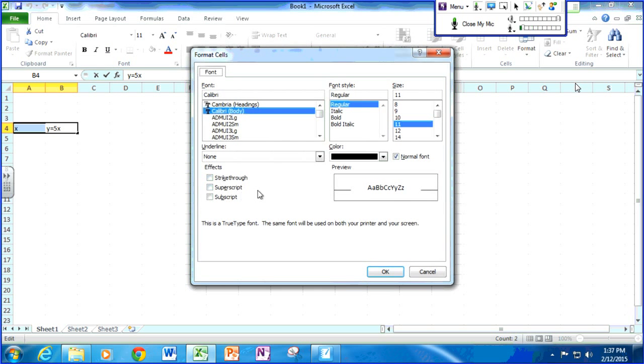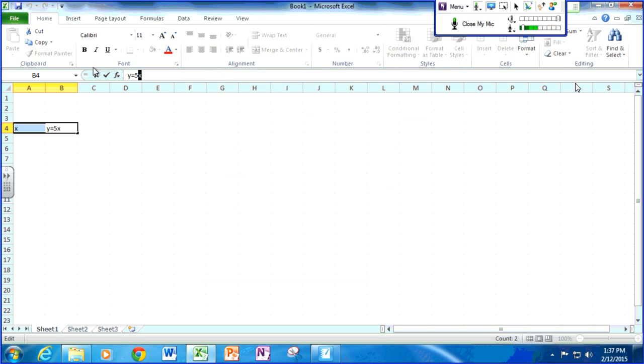I don't think it gives us exponents though. No, it doesn't. So when we're using exponents in the computer, we use an up arrow, which is a shift 6. That's our way of saying 5 to the power x in the computer. You may have seen that written before.